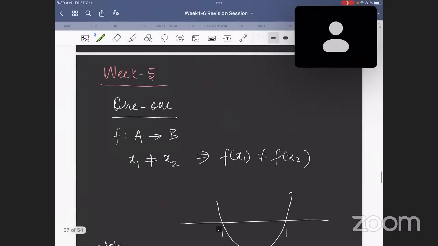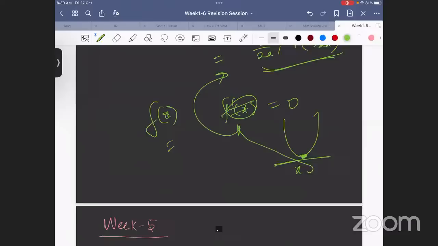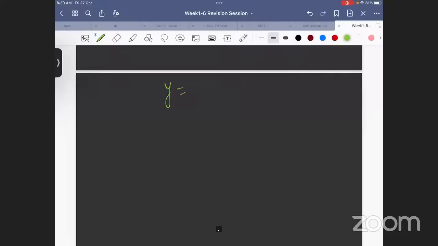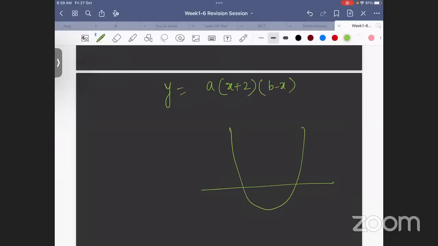Okay, one more question. This question was already given in your assignment questions, but this is important. Just solve this one. A into x plus 2, b minus x. And the plot is something like this, where b is here.